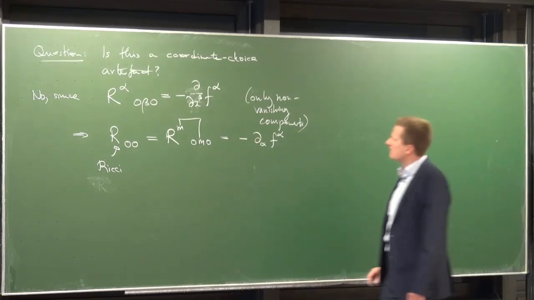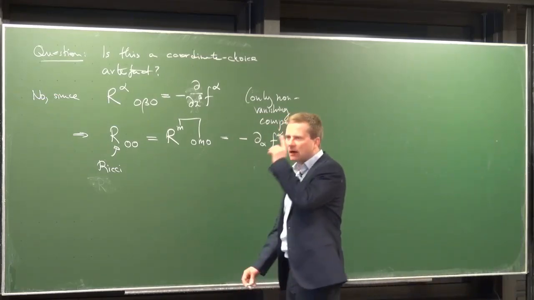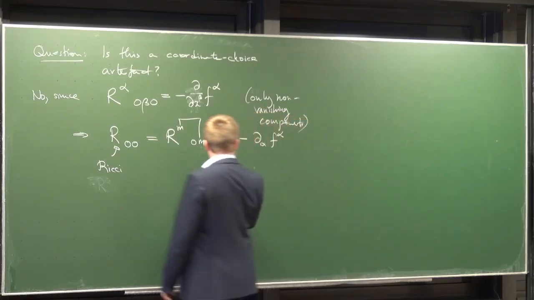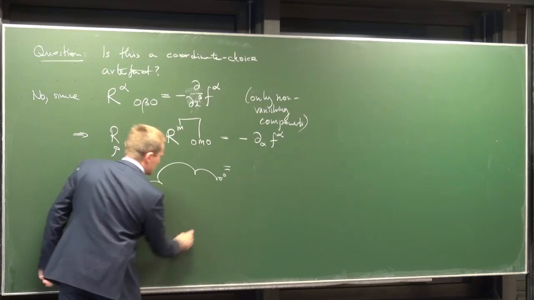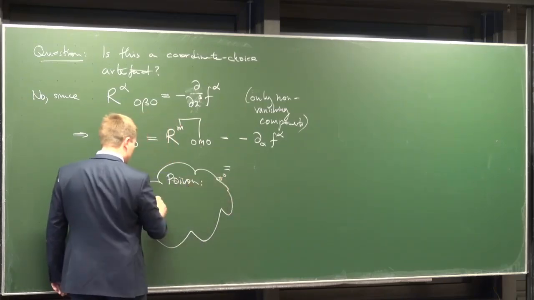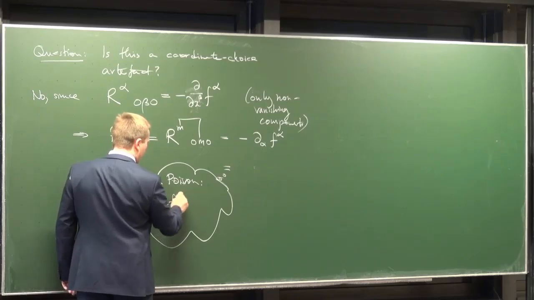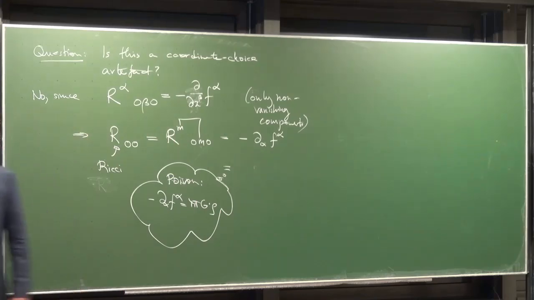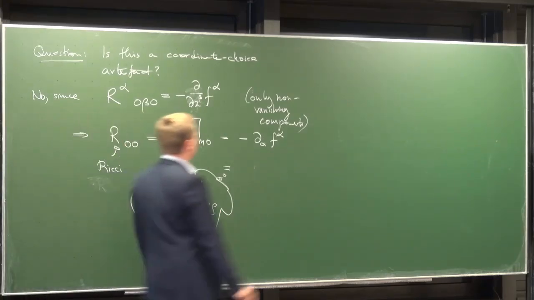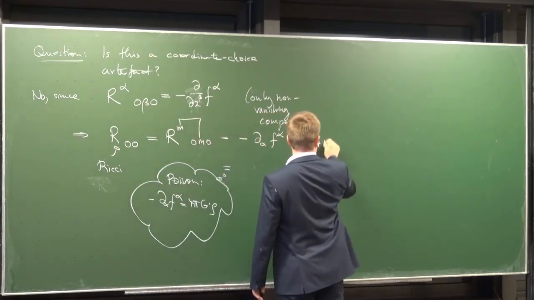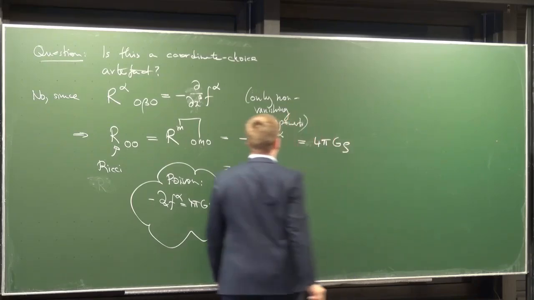But now you say, oh my God, we know something about this, because we remember that we had Poisson's law, right? Poisson told us that minus del alpha f alpha is 4 pi times Newton's constant times the mass density of the masses that generate the gravitational force. So this is equal to 4 pi G rho.